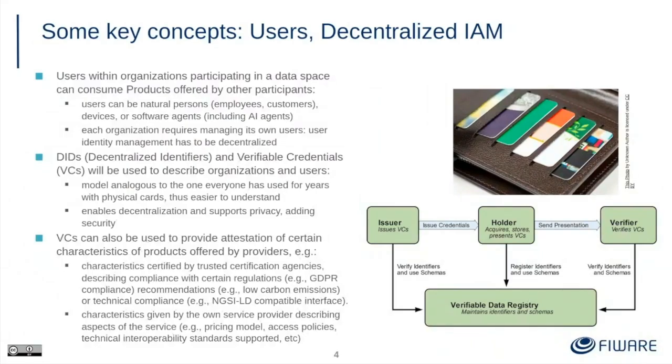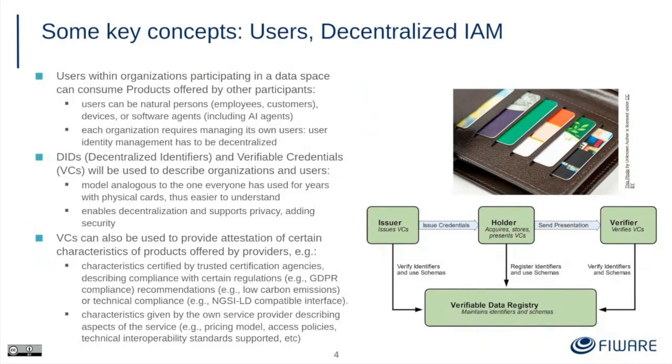As I already told, we're not only talking about organizations interacting with each other, but in the FIWARE data space, we are also treating the concrete users and services that act inside the data space as part of the data space. To make that possible, we need identity and access management that helps us manage that.